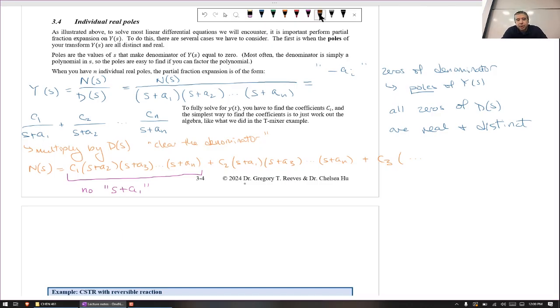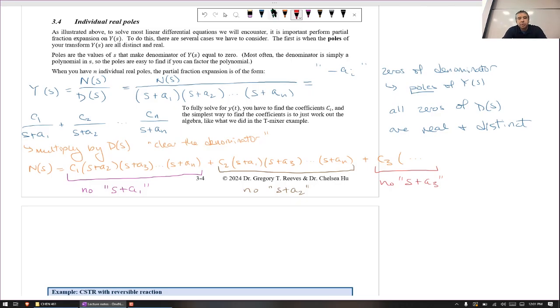Furthermore, the second term, in the same way, does not contain s plus a2. The third term does not contain s plus a3, etc.